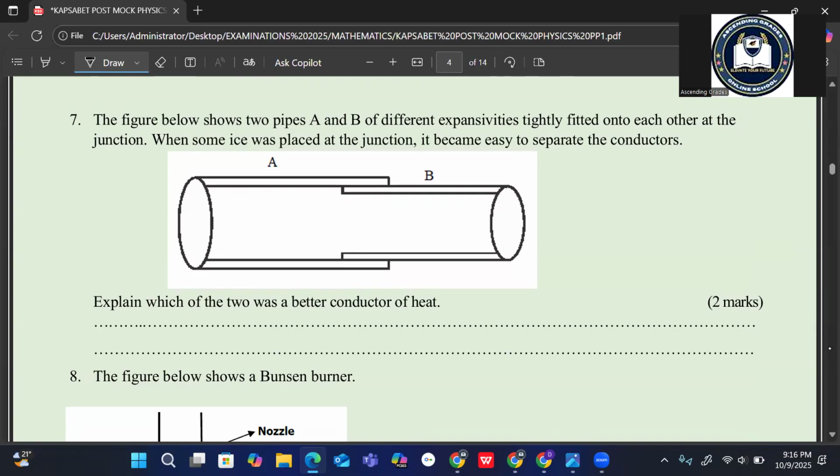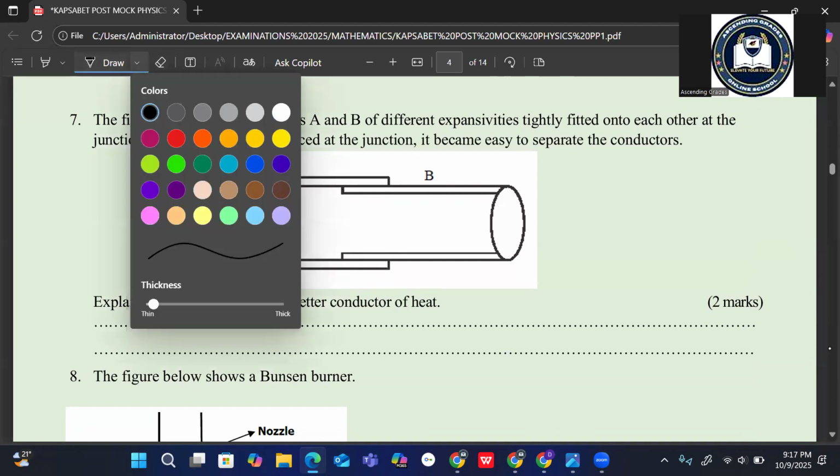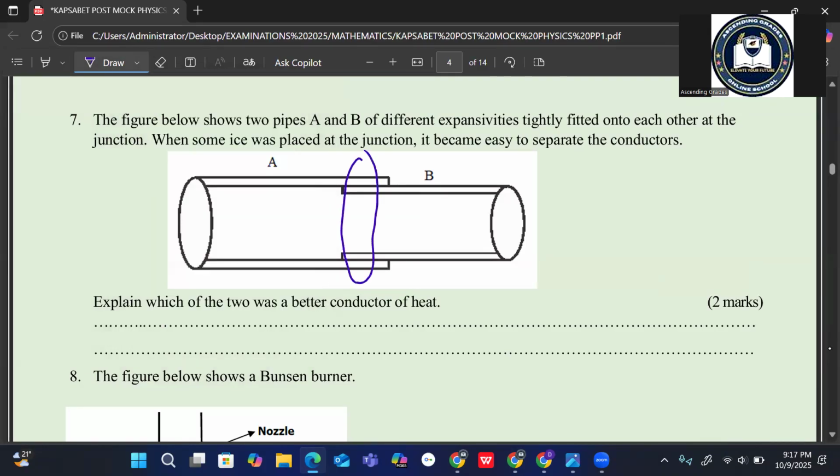So now we are placing some ice at the joint. Then we are asked, explain which of the two was a better conductor of heat.